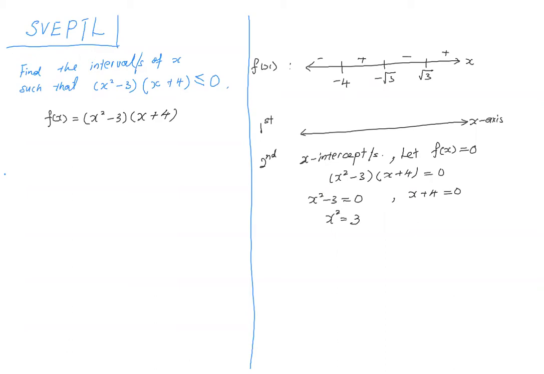When I take the square root, there are two possible answers. It can be negative root 3 or positive root 3, because if I square root 3, I get 3. Oh, okay, I understand. So here I got negative 4. So you have to be very careful.